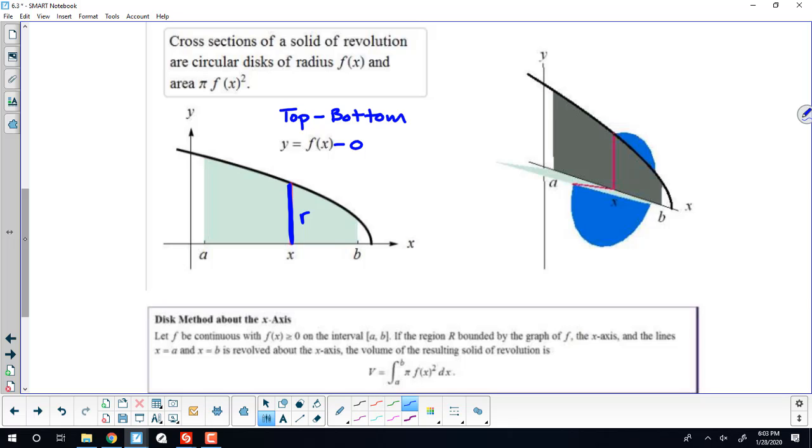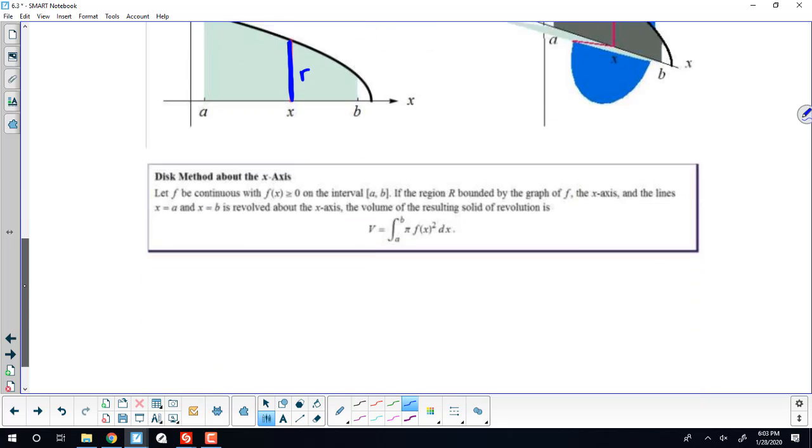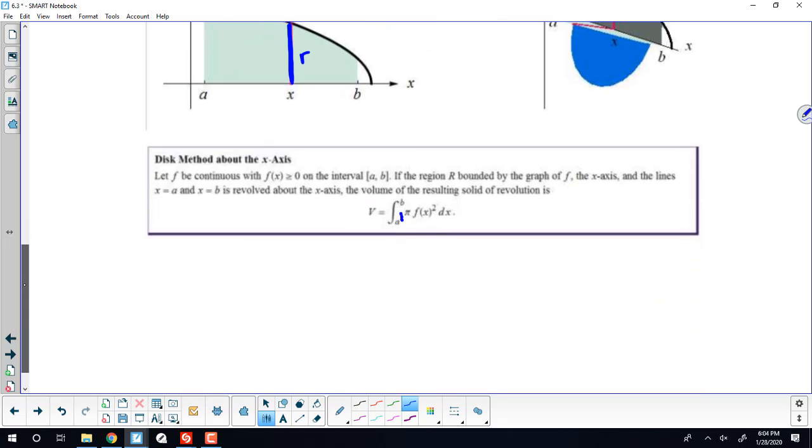For this distance, this is our radius. Then we have the area of each disk or circle as pi r squared, which is pi times f of x, your function, squared. So we see that here. This is our area function, A of x. That formula is specific to the disk method.